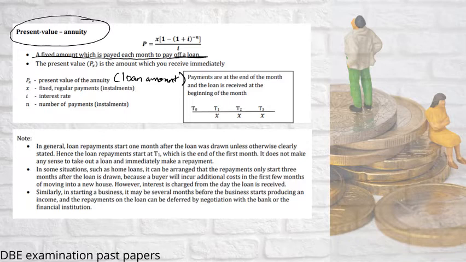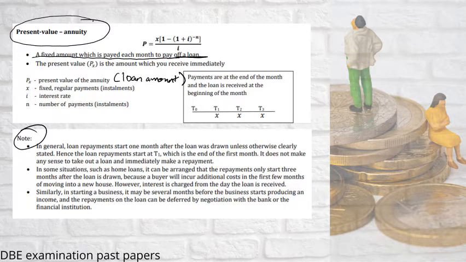Because it wouldn't make sense if you borrow money today, at the beginning of the month, and you have to start paying it the same day. So the normal condition with present value annuity is that payments must be made at the end of the month. After 1 month, you start paying. So very important, let's take note.